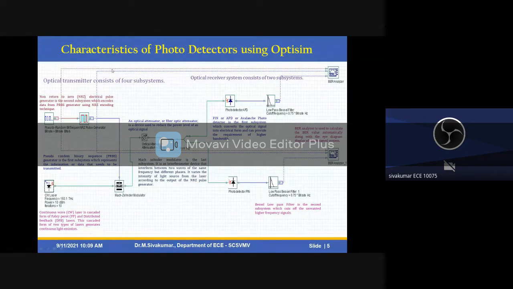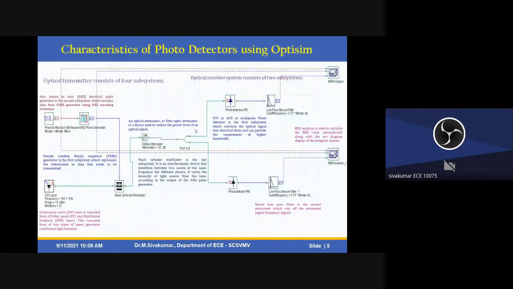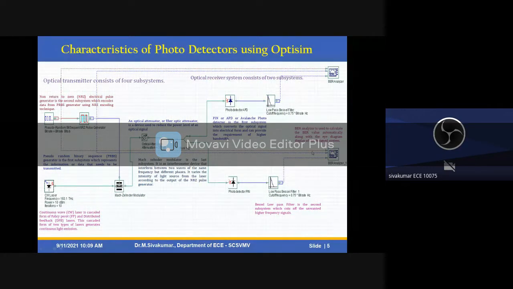Based on the schematic, you make the circuit for this one. Then, as you already know very well, in the form of a parametric sweep, you include the parametric sweep, and only then, based on the iterations, you will get the outputs.